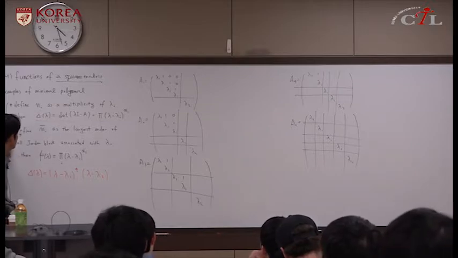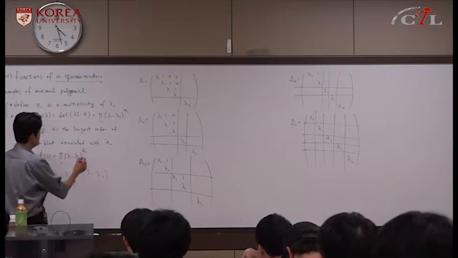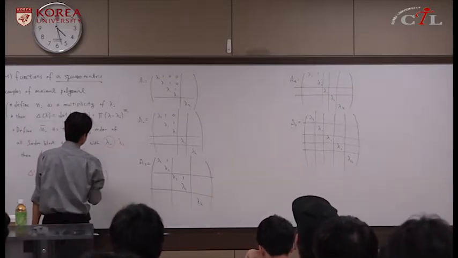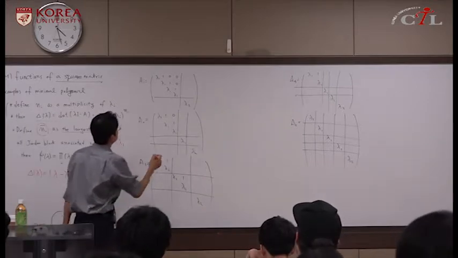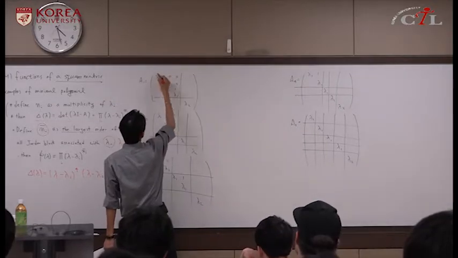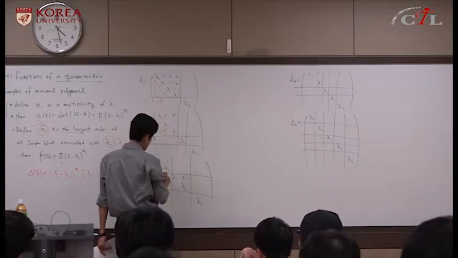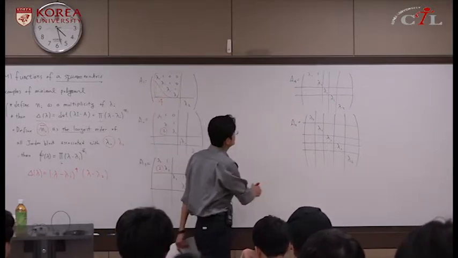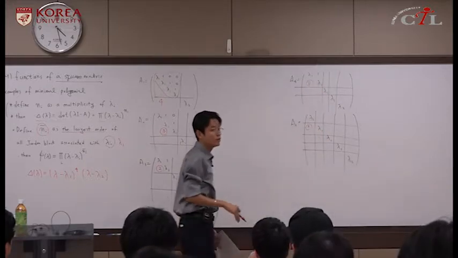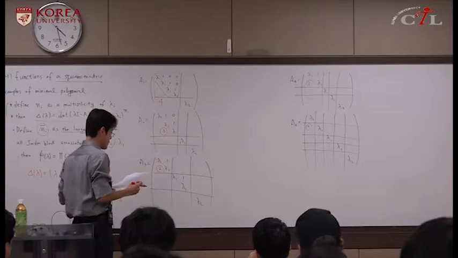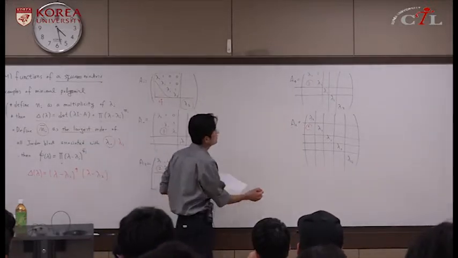Then for the minimal polynomial, given that lambda 1 is repeated 4 times, Ni bar is the largest order. Here, Ni bar is 4. Here, 1, 3. Here, 2, 2. And here, 2, 1, 1, 2. Here, 1. This is Ni bar for each case. And for lambda 2, Ni bar is equal to 1 in all cases.